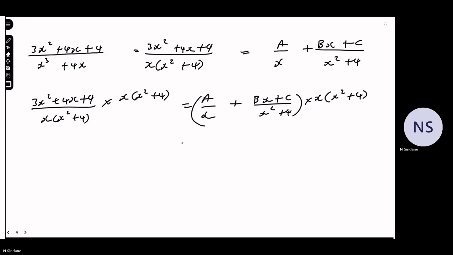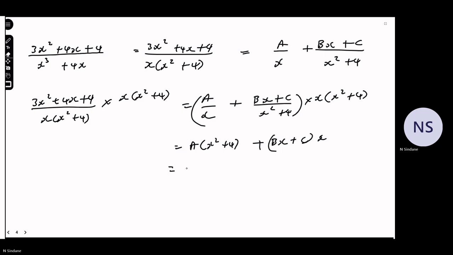When I do that, I'm not going to do all the steps now. This and that will cancel. I'll have a into x squared plus 4, then plus, this and that will cancel, I have bx plus c into x. In this case, I can't eliminate, so I need to expand.